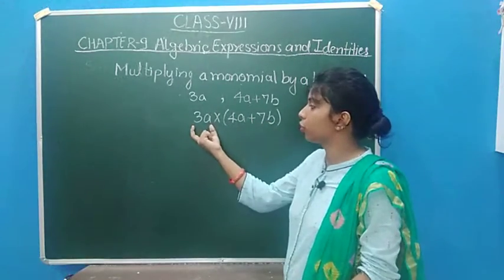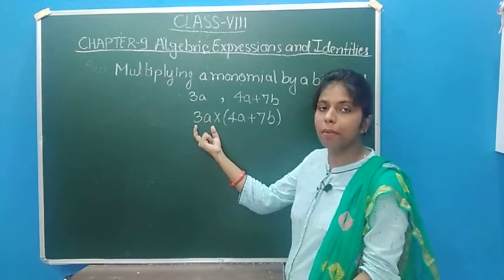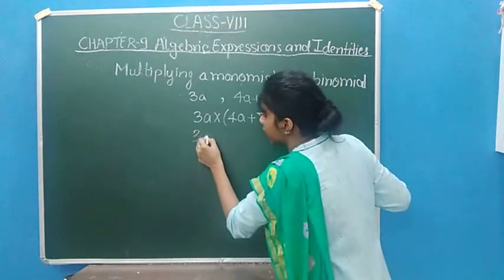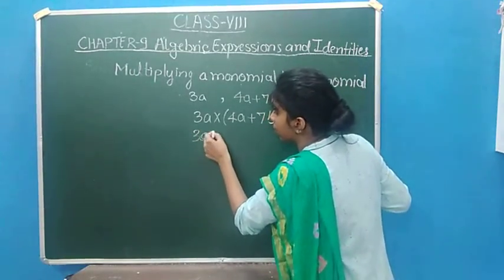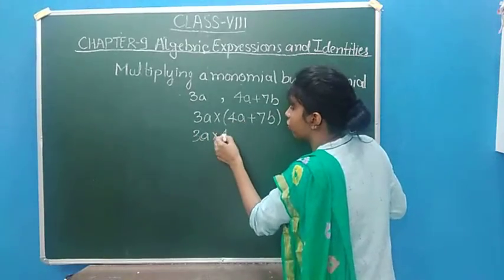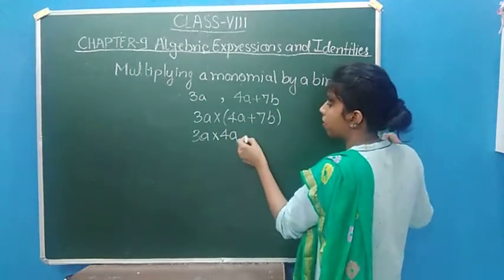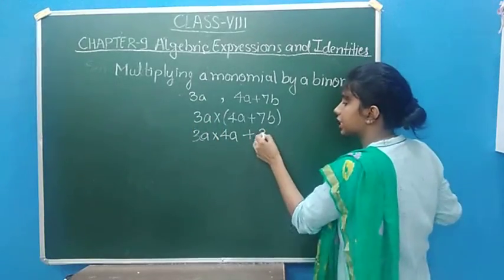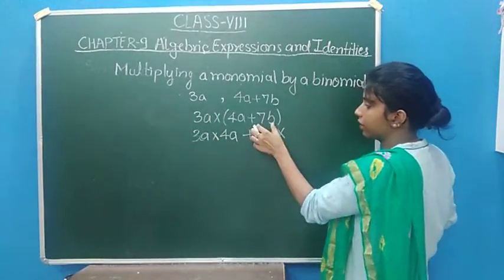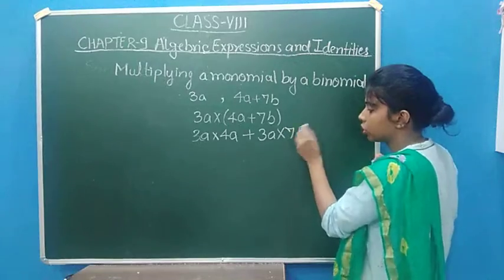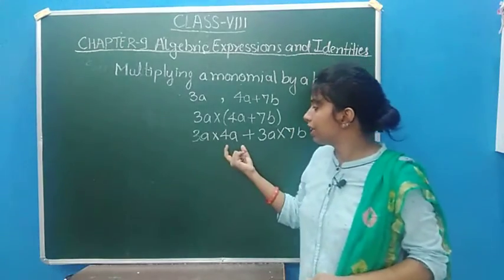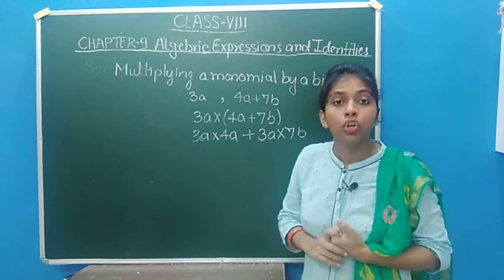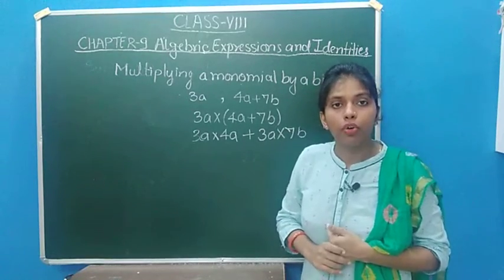First I am going to multiply 3a with the first term 4a. Then plus, again this 3a is going to be multiplied with the second term. Now this multiplication is the same as the multiplication of two or more monomials.